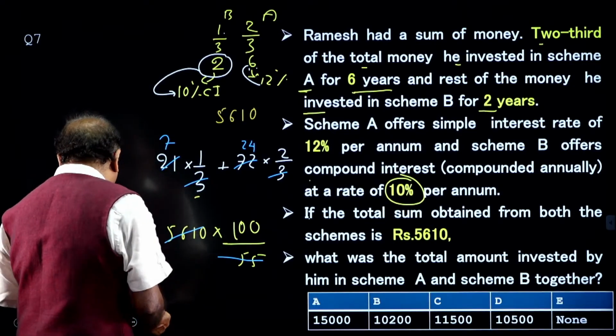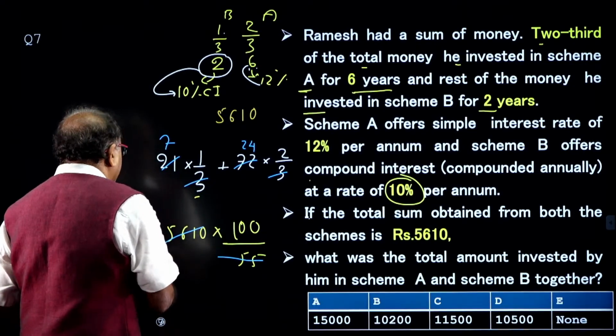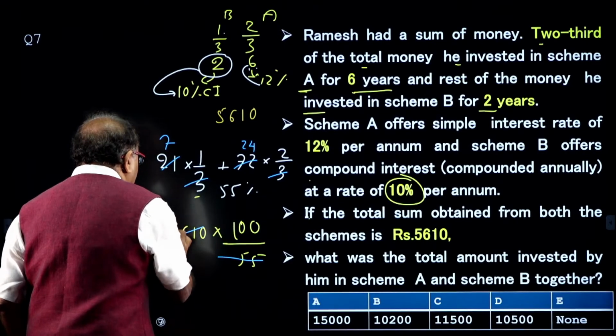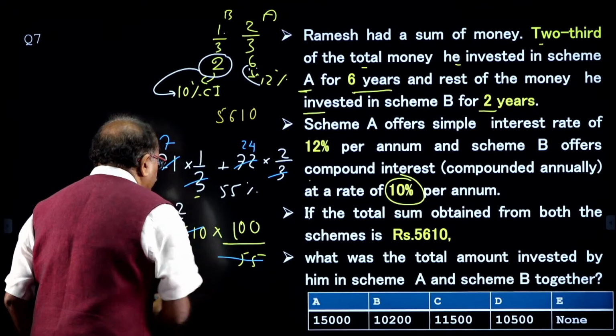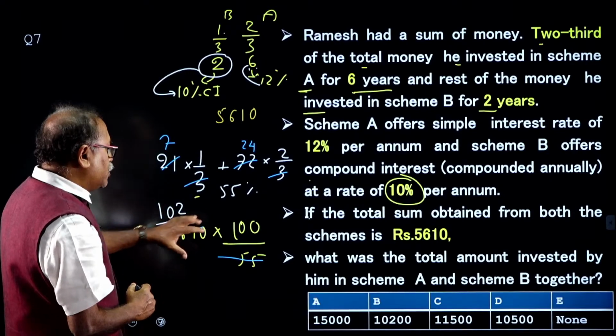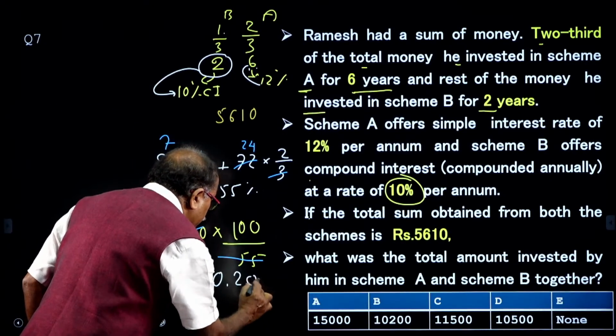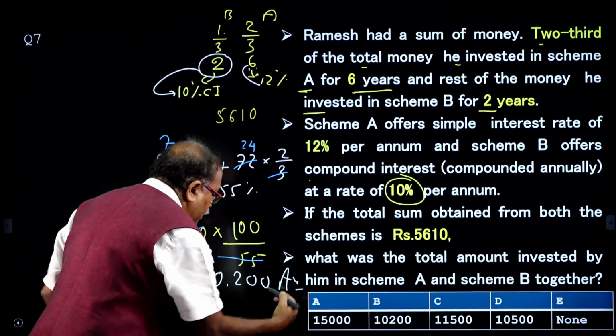This gets cancelled 102 times. Okay, this is 55%. So, 102 into 100 comes to 10,200. That is your answer.